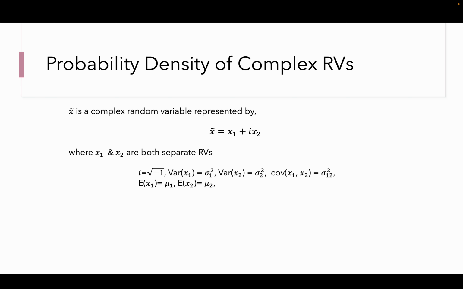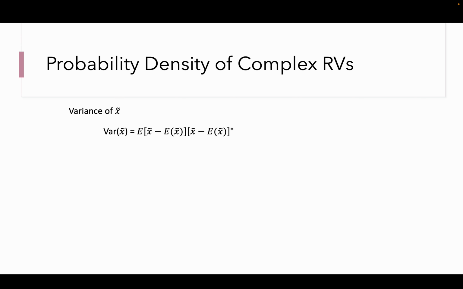Now let's proceed and see how we can compute the probability density of x tilde. We'll assume that x tilde has a Gaussian density function, and let's see how it looks. First we'll see how to compute the variance of x tilde, which is the expression you can see on the screen. It is basically the expectation of x tilde minus expectation of x tilde, times the conjugate of x tilde minus expectation of x tilde.